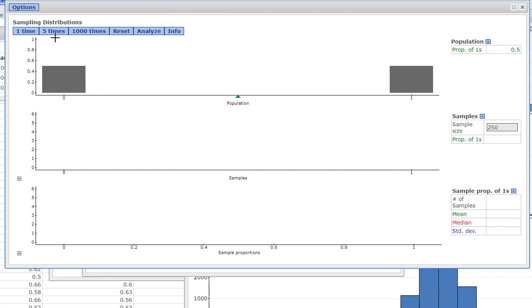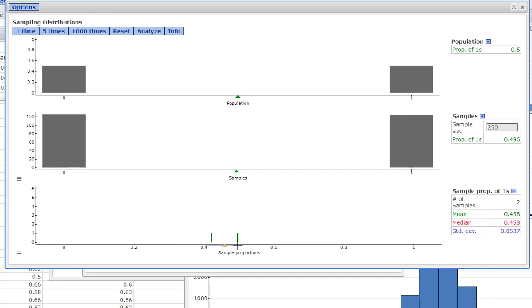If I take a sample one time, this particular sample got a p-hat of 0.42. I can do it again, and this one looks like around 0.5 or so. The average here is 0.458. I can do this a bunch of times. Here's 5 times. But we see it's all huddling around this one value of 0.5.